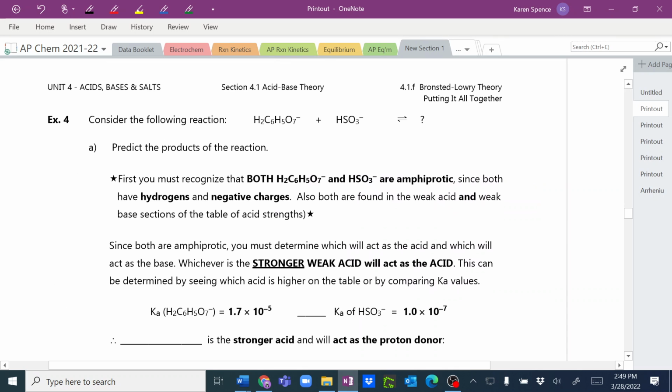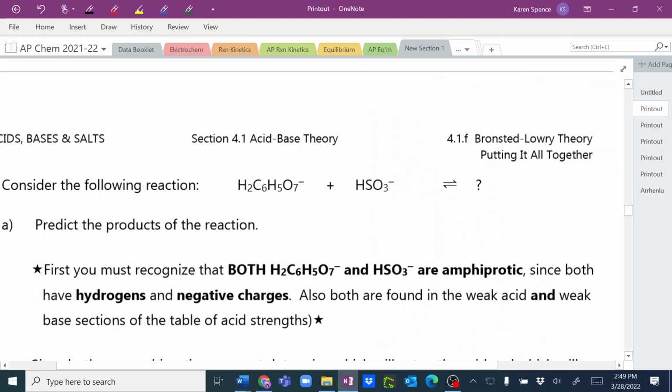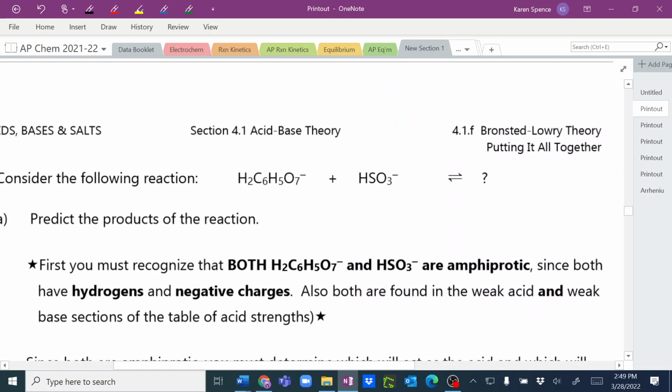Let's try another one. We have H2C6H5O7 minus plus HSO3 minus. Who are the products of the reactants? Uh-oh. These guys are both H and negative.